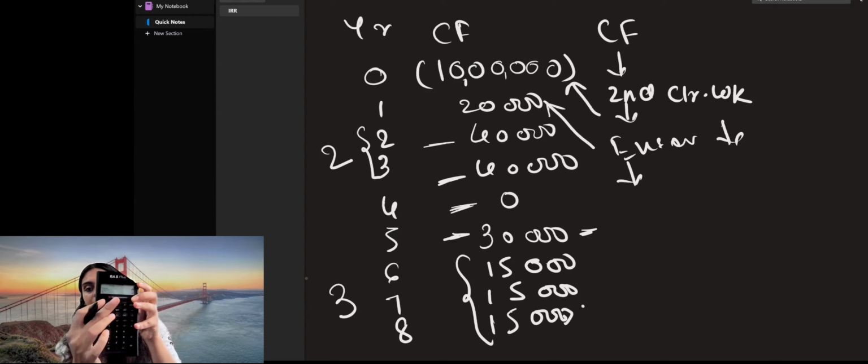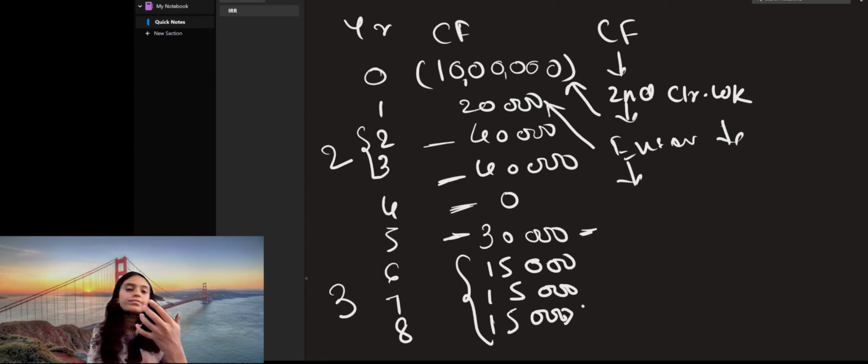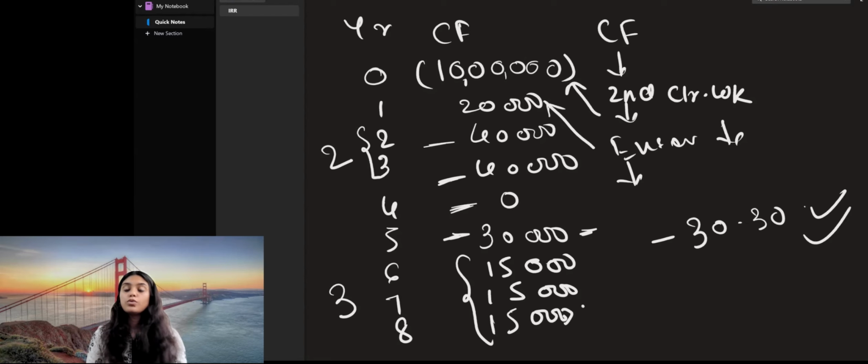Now you'll press IRR and compute. We are getting it as minus 30.30. So you have to just remember that when the same numbers are given for 2, 3, 4, 5, any number of consecutive years, you have to put that in the frequency. For example, here in C02, we had put 40,000 and the frequency was 2.